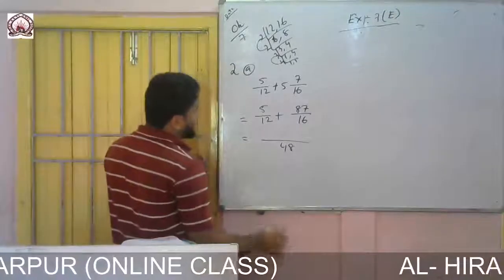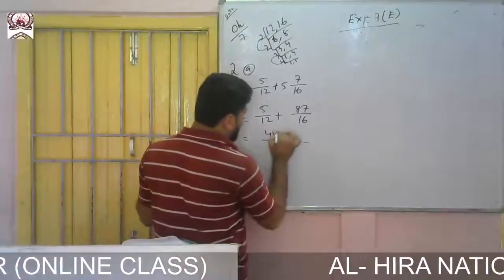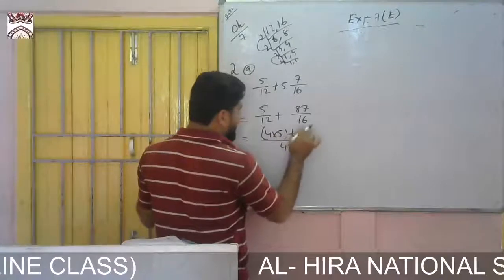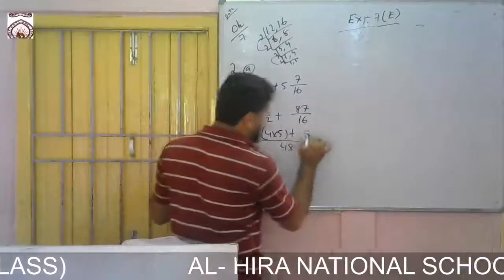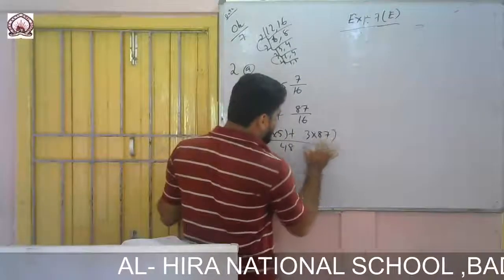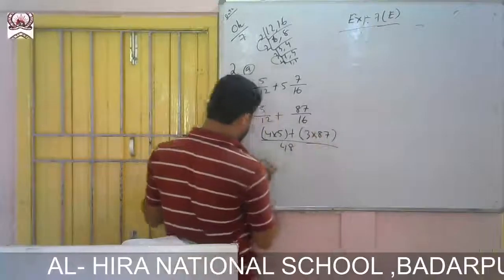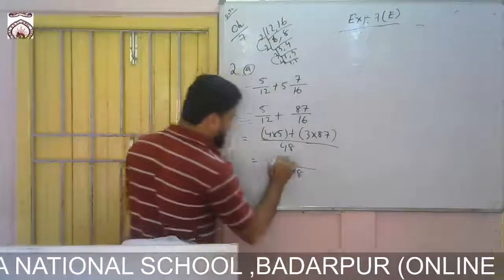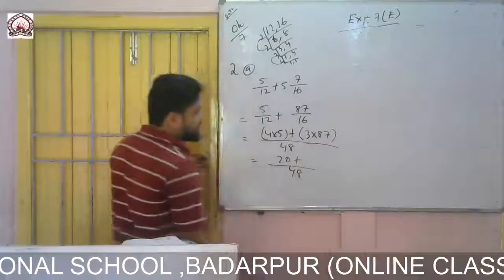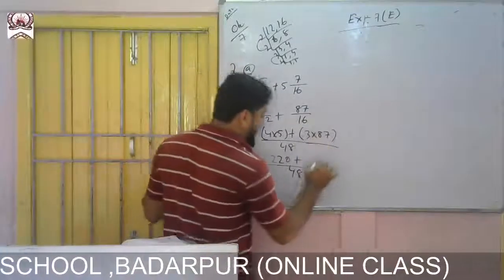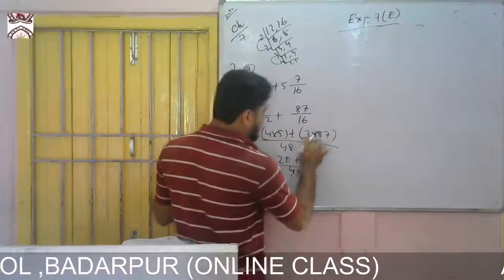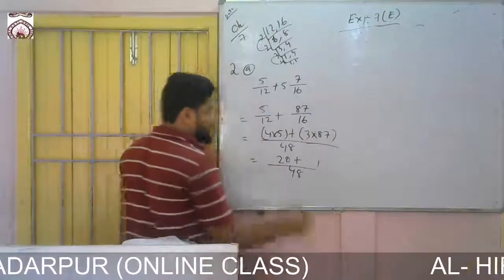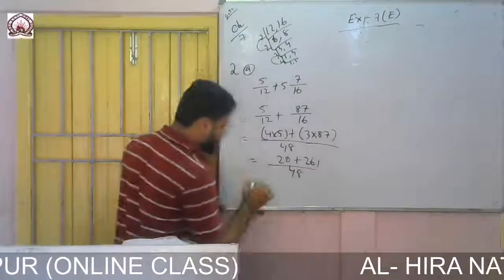So 12 how much are 48? 12 4s are 48, so 4 into 5, plus 16 3s are 48, so 3 into 87. Now if you multiply, 4 5s are 20, plus 3 7s are 21 and remain 2, 3 8s are 24, 25, 26, 261.